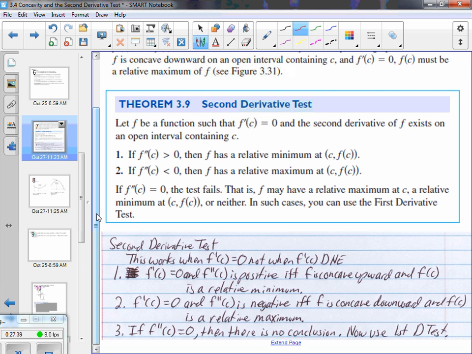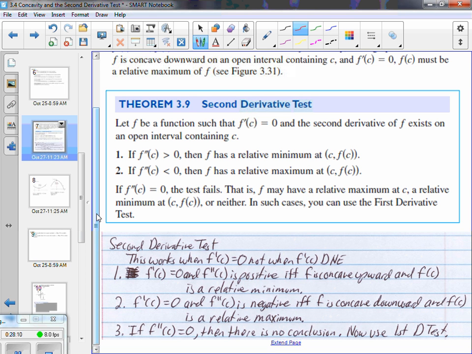Okay? And also, the second derivative test only works for the critical numbers where the derivative equals 0. Because there's 2 ways to get critical numbers, right? Where the derivative equals 0 or does not exist. But think about it. For the critical numbers where the first derivative does not exist, if the first derivative does not exist, neither does the second derivative.